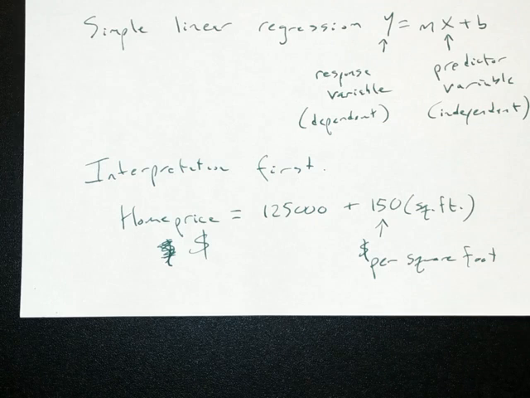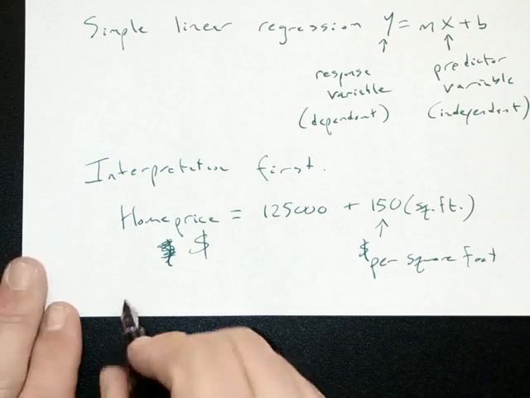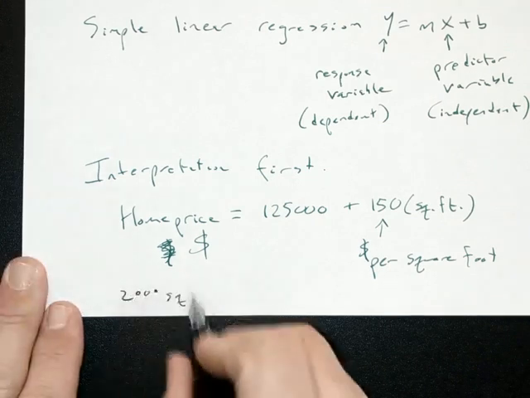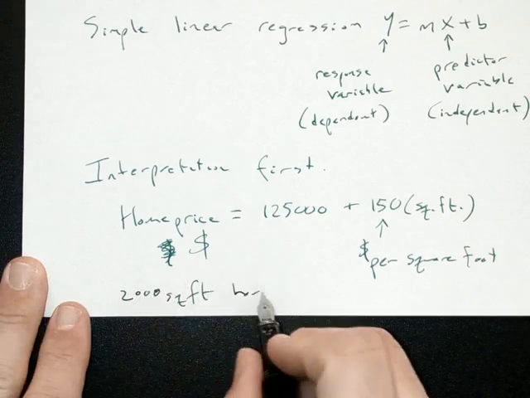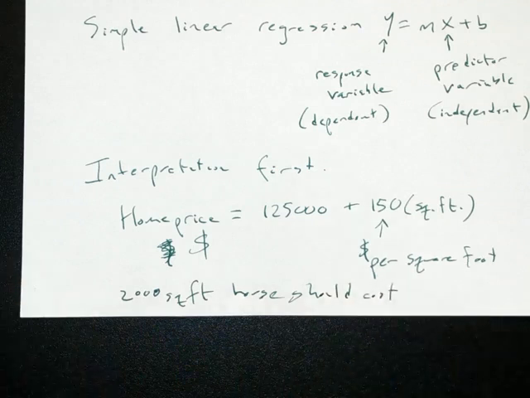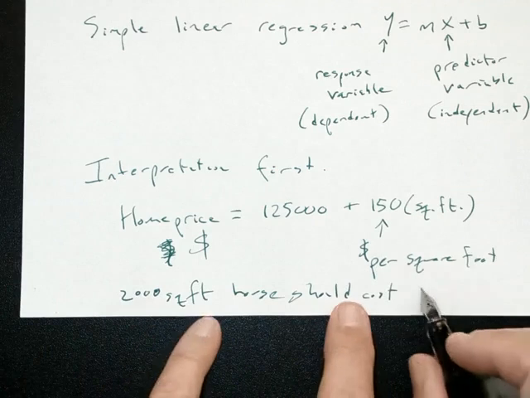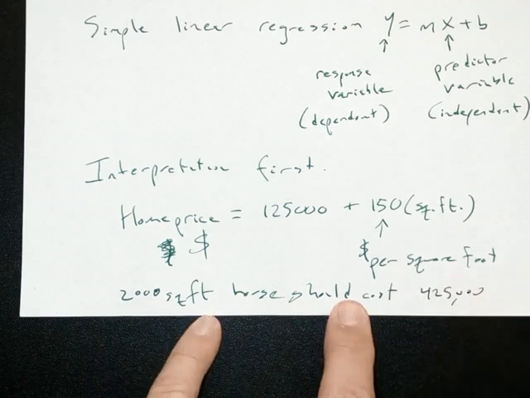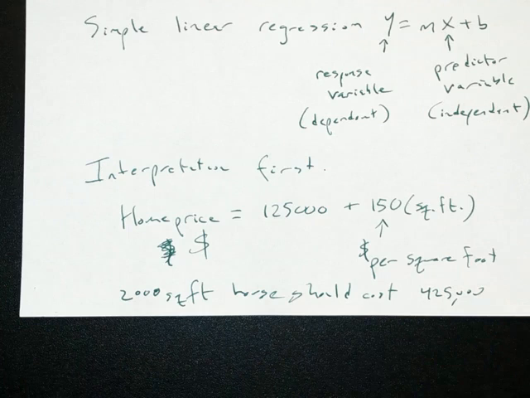What should I expect to pay? $150 times 2,000 is $300,000. Add the other $125K, I should be paying $425,000 for that house. It's a lot of money, isn't it?